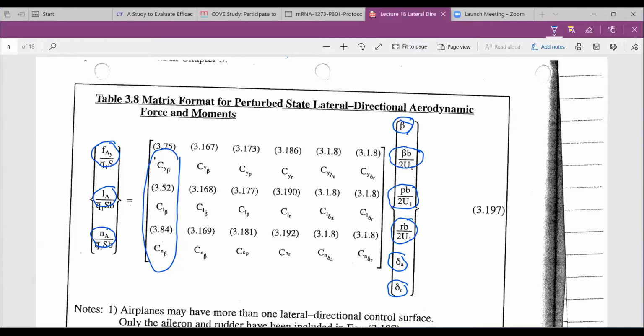This lateral directional is a lot easier because if you remember, if we were looking at the longitudinal, see if I can remember this right. I'm sorry, Professor Steck, but are you on OneNote? Because we can only see your textbook. We cannot see you. You can't see the shared screen? Did I pick the wrong one?